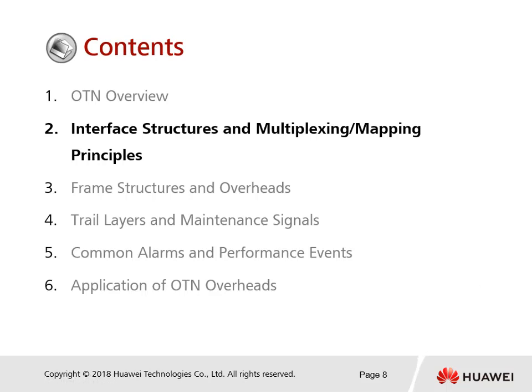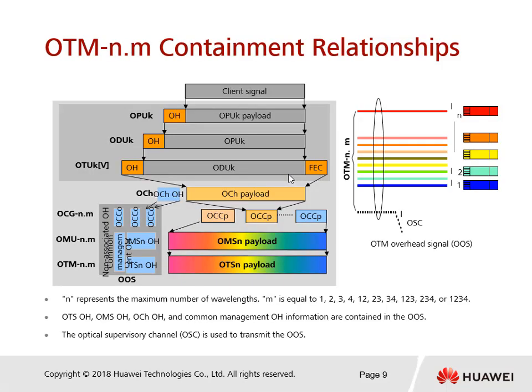For chapter 2, we'll explain the interface structures and multiplexing mapping principles in the OTN. For this page, it's very important to understand the OTN interface. The title is called OTM n.m. Later I'll explain what that means.